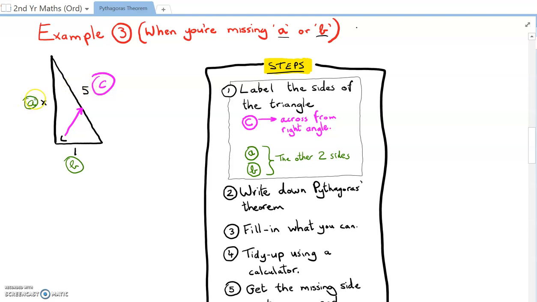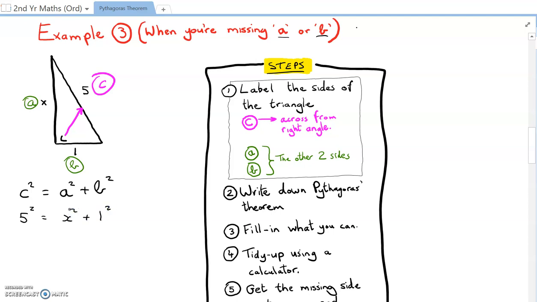I'm missing A. So I still continue using the same steps. Write down Pythagoras' theorem. Okay, C squared is equal to A squared plus B squared. Fill in whatever I can. So what can I fill in? Well, C is 5. So 5 squared is equal to X squared plus 1 squared.